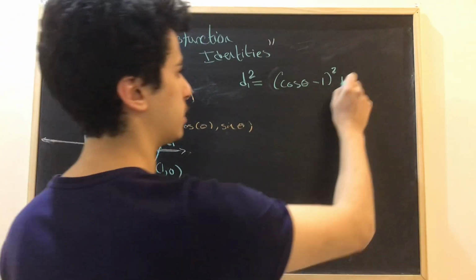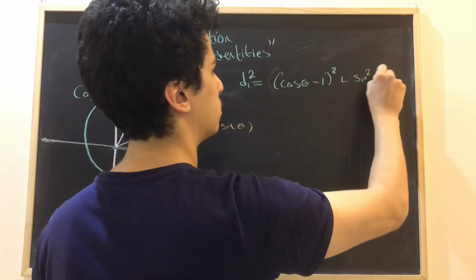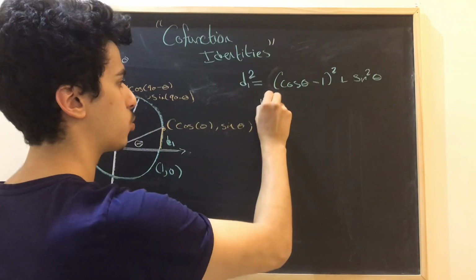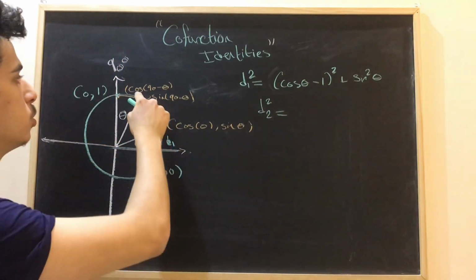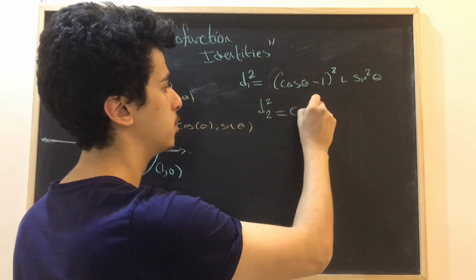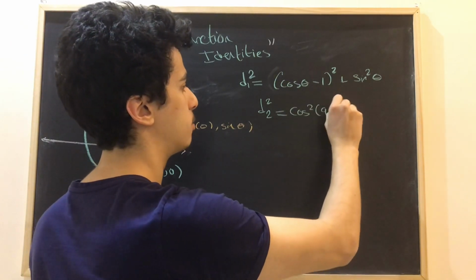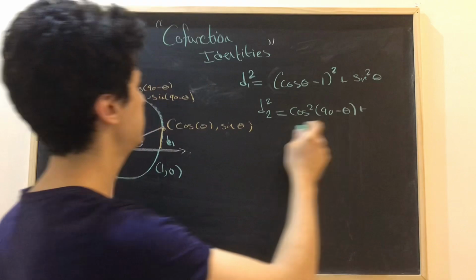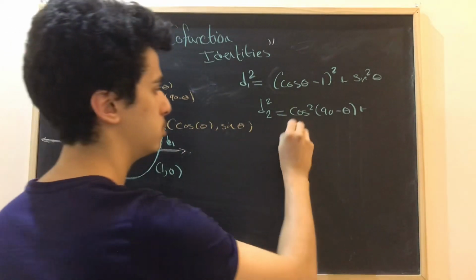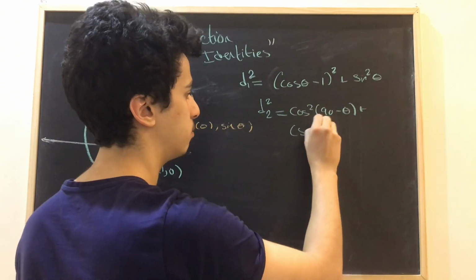Well, that's just sine theta squared. And very similarly, we'll have d2 squared is equal to cosine 90 minus theta minus 0, well, that's just cosine squared of 90 minus theta, plus sine 90 minus theta minus 1 squared. So we're going to write that over here.